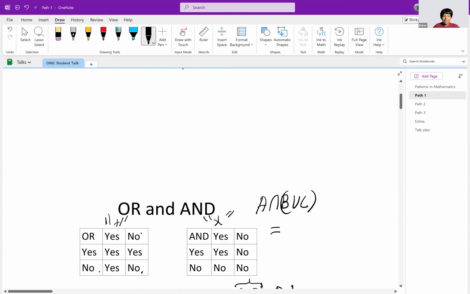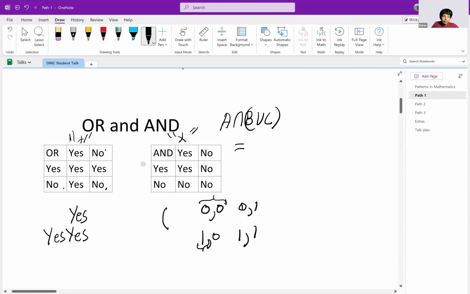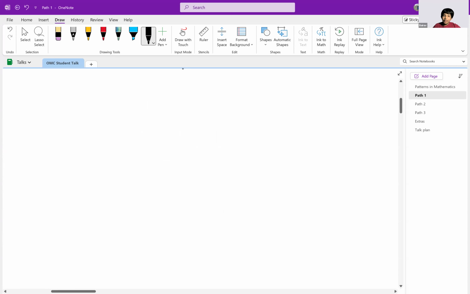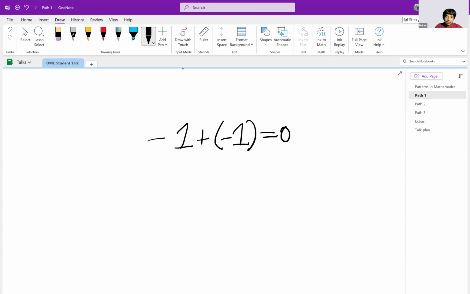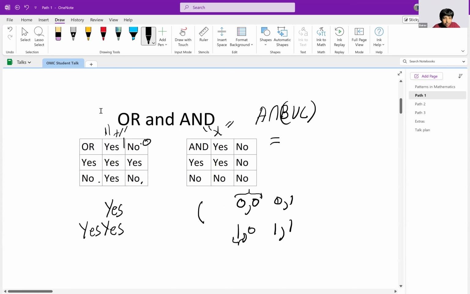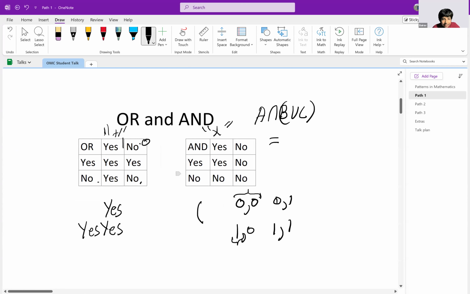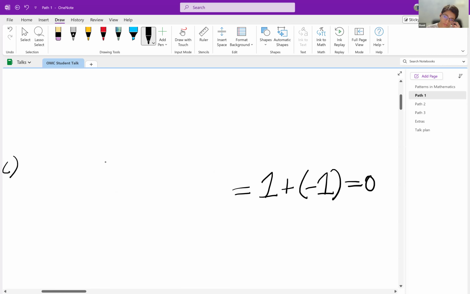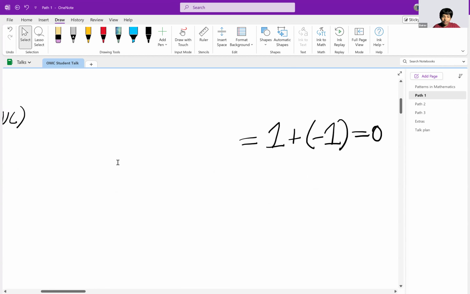So if we go back to our very first example, we'll just call or as plus, and as times, where yes is 1 and no is 0. Suppose we have a -1 here, so that 1 plus -1 will be 0. But if we look at this table closely, we see 1 plus 1 is equal to 1, which leads to an issue.